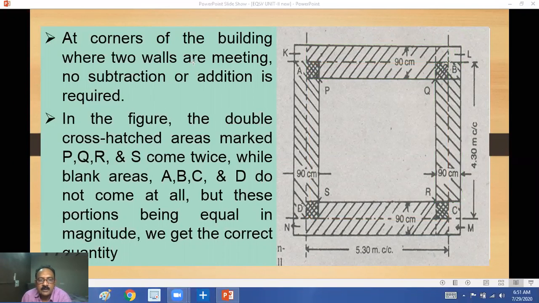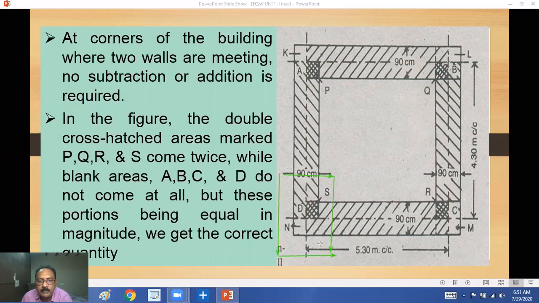In this figure, where you have double areas, suppose here P is a double area, and here K we have not considered. So these are both equal, so there is no need to subtract or add these areas. Similarly on this side. So for L junctions, you need not add or subtract the areas.